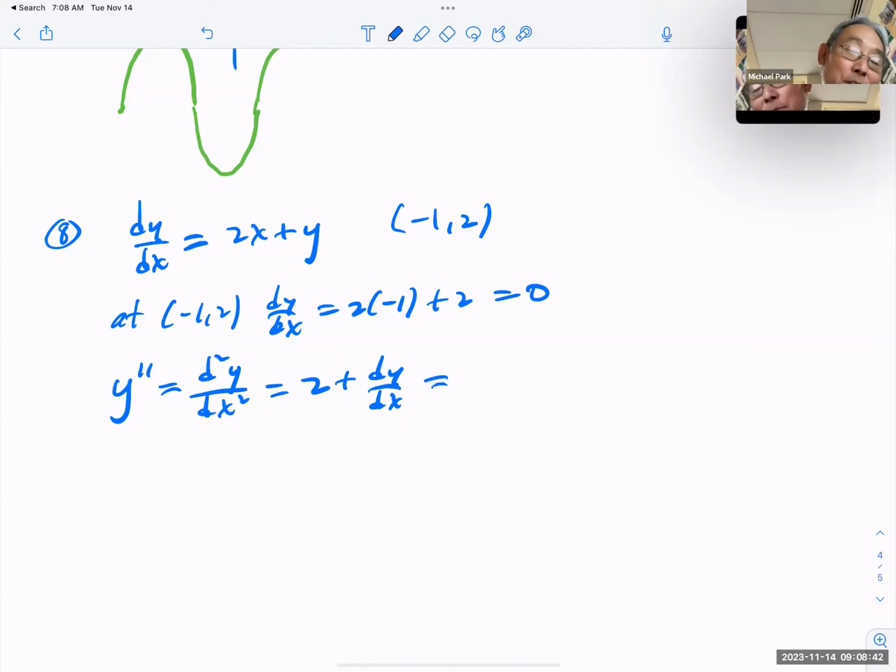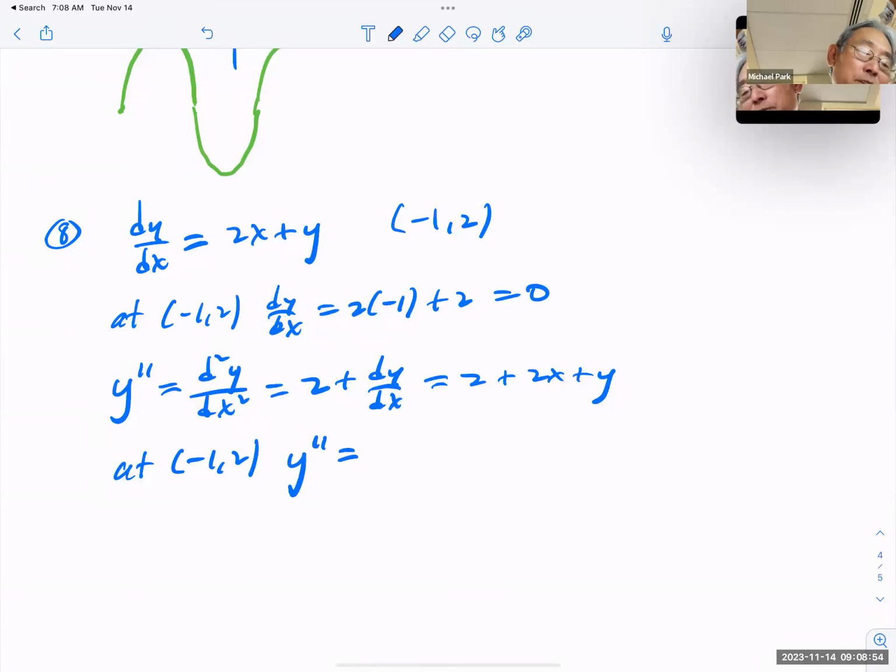And then we can substitute for dy dx, which is given as 2x plus y. So at the point -1, 2, the second derivative is equal to 2 plus (-2 plus 2). And that comes out to 2, which is a positive number.